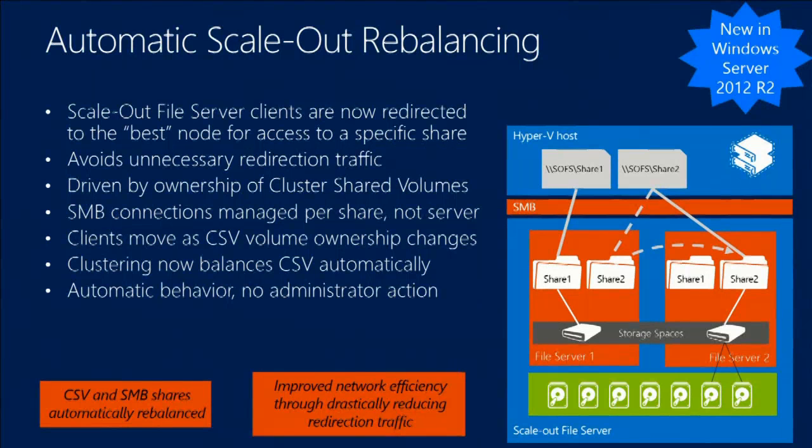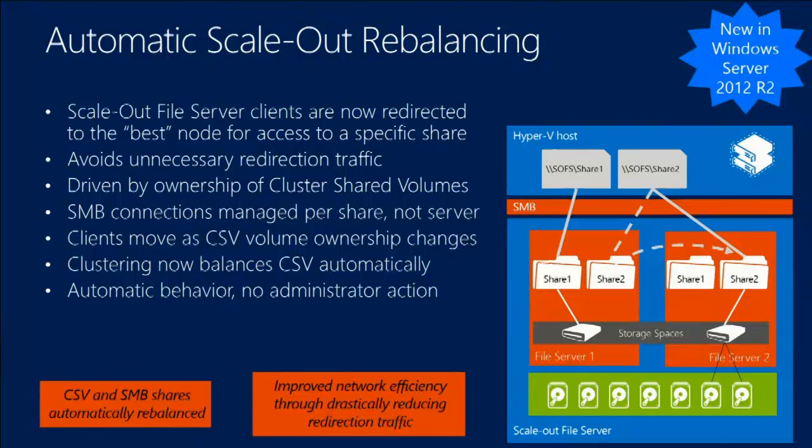Each one of the 64 would pick one and only one of the 4 nodes and do all work with that node. While that was okay, some people were trying to make sure that things get spread across nicely. If you have one node that's doing a lot more work than others, there would be no way to split the work from that node. And we introduced that in 2012 R2.